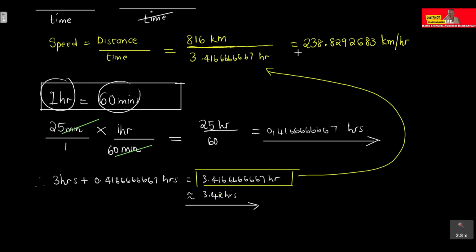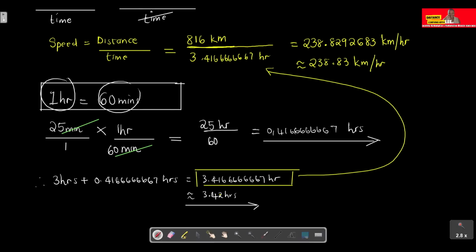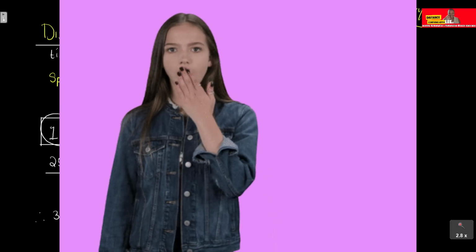Now we are safe to round off our final answer. So that is approximately equal to 238.83 kilometers per hour. So this was now the speed of the train. Okay, and that is it, guys, for today's video tutorial.